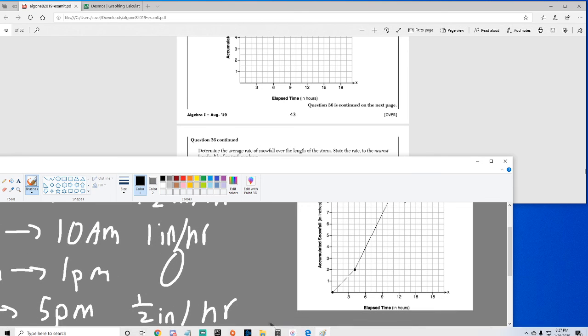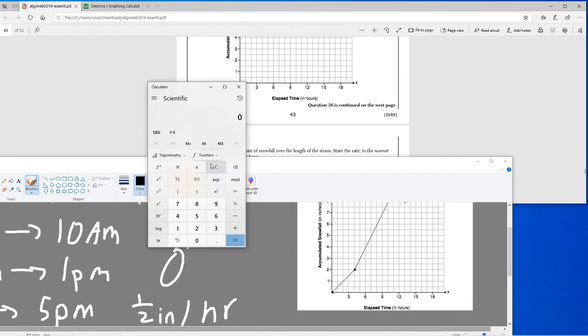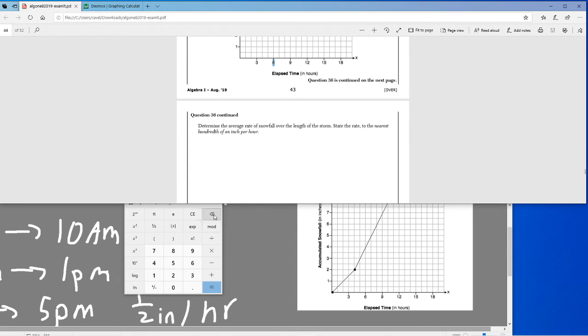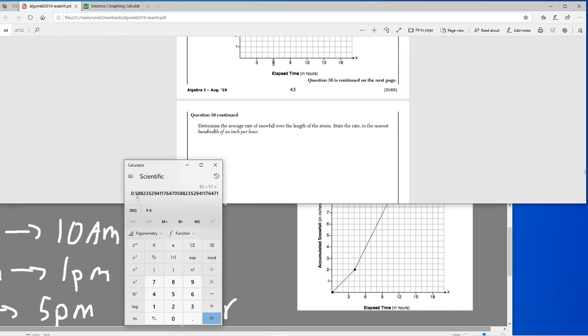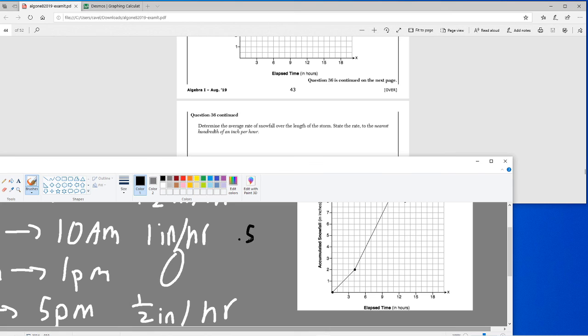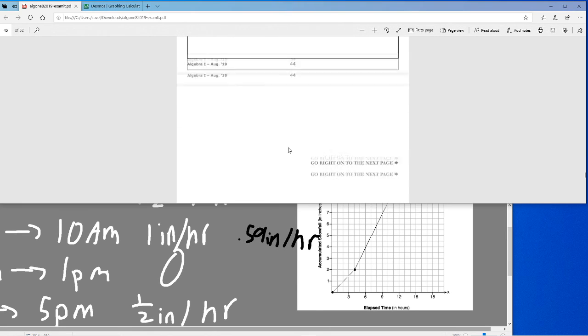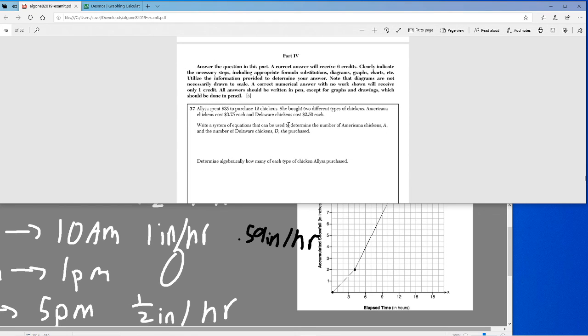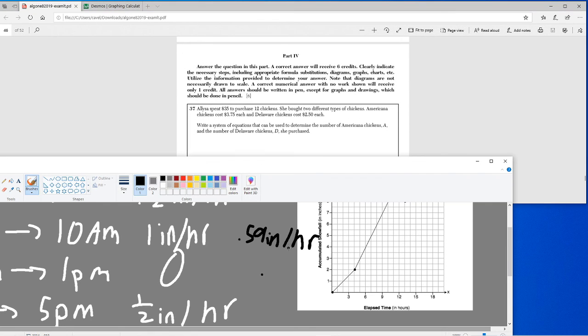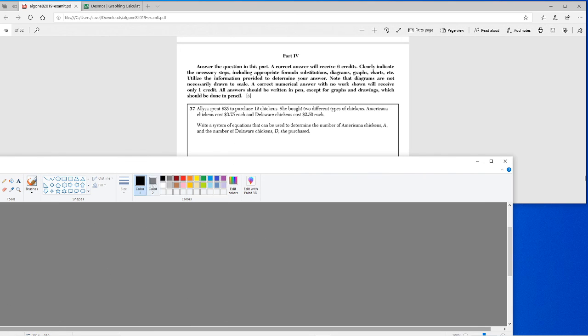So 10 divided by 17 is 0.59 inch per hour. Okay, so that's for number 36.